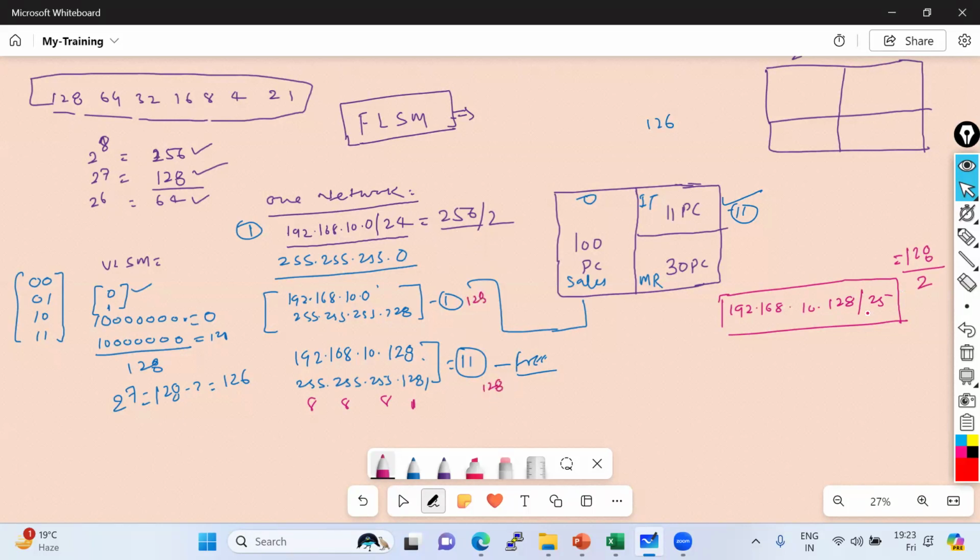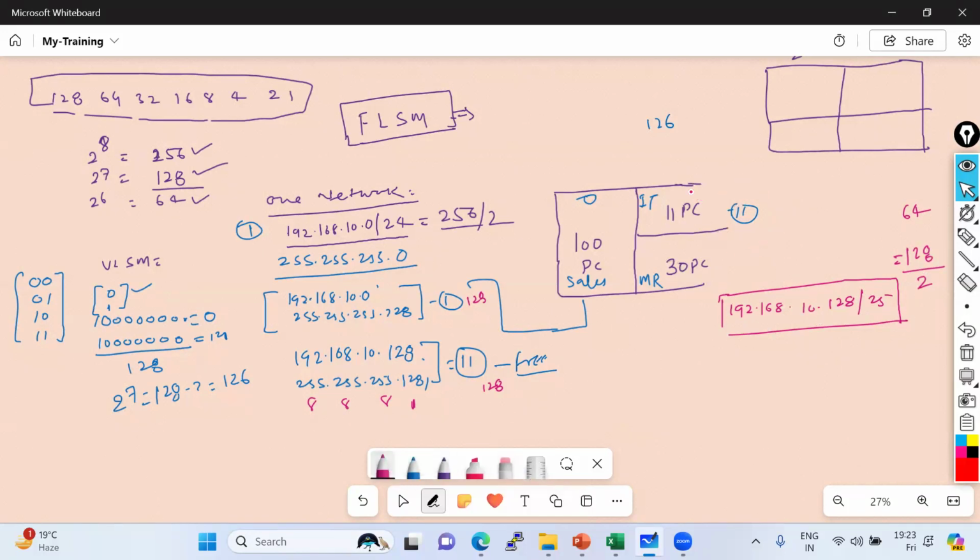Makes sense? Now if I divide again into two parts, I get 64 IP addresses here and 64 here. But we are wasting too much, so this is not a good solution. So we have to divide by 4.